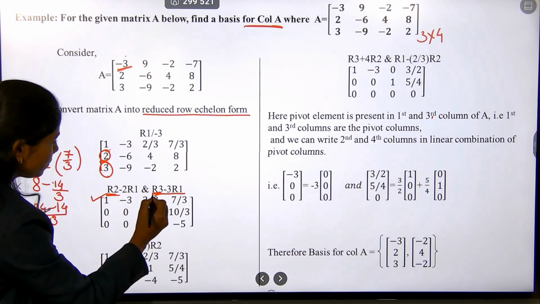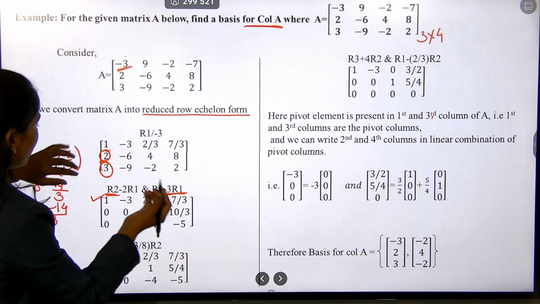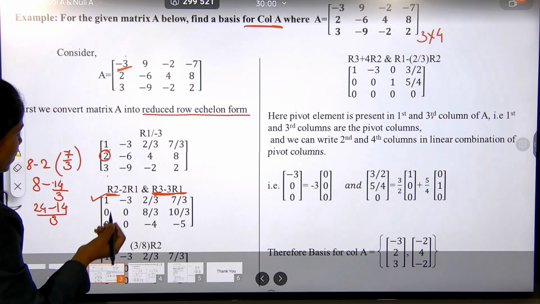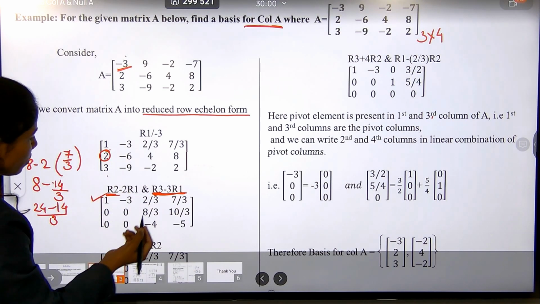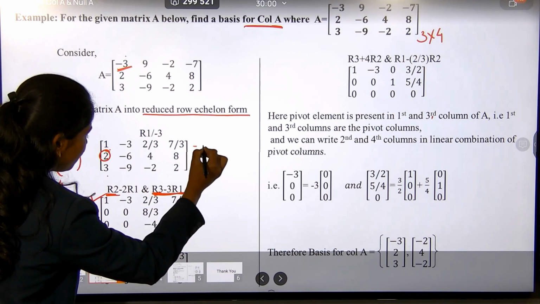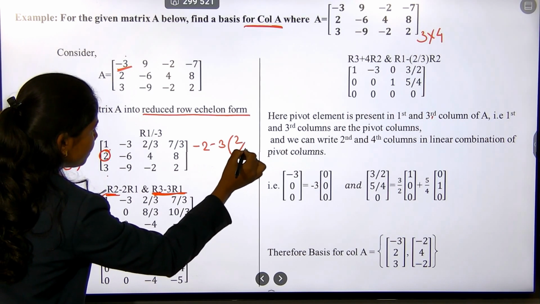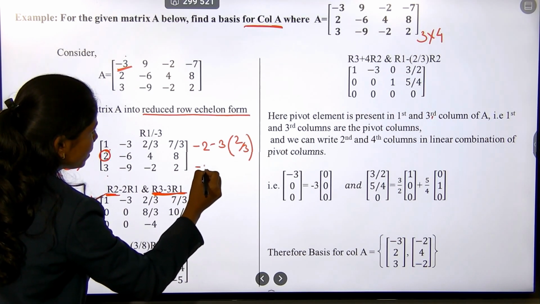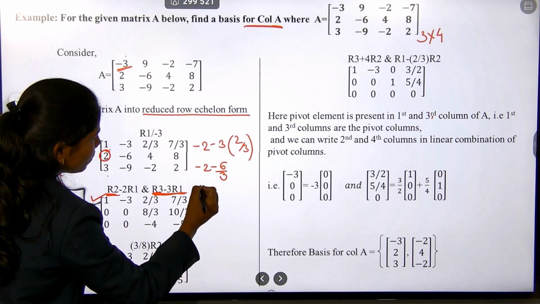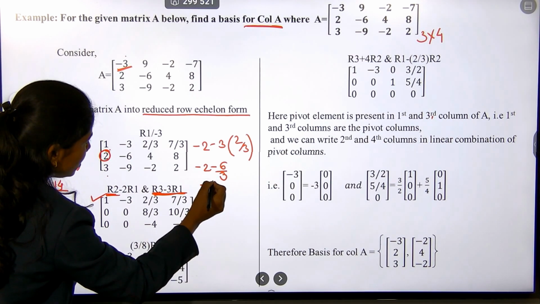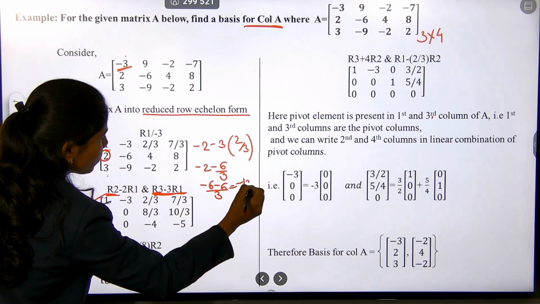Now do changes in R3 using this row operation, R3 minus 3R1. So 3 minus 3 is 0. Then minus 9 plus 9 is 0. Then minus 2 minus 3 into 2 by 3, so minus 2 minus 6 upon 3, which equals minus 6 minus 6 upon 3, so it is minus 12 upon 3.